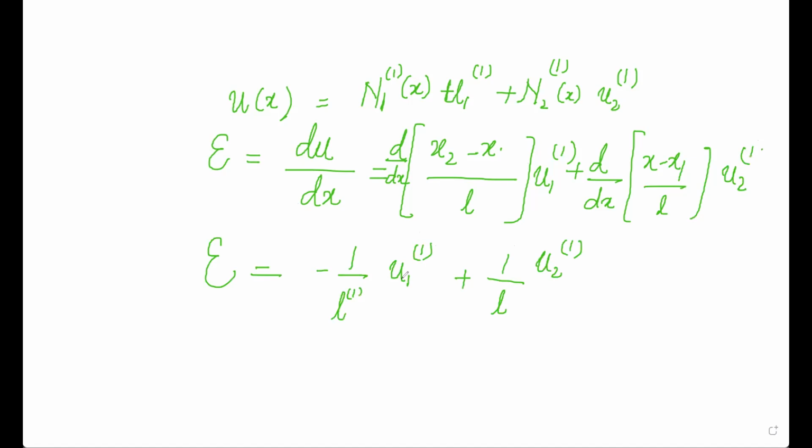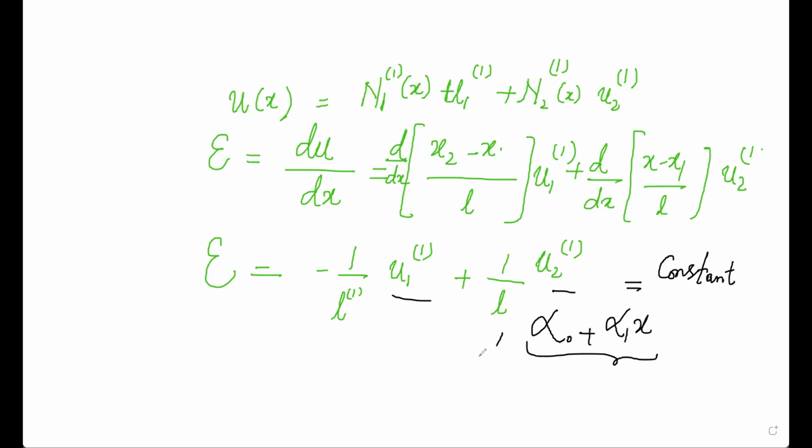Now if you look, u1 is constant, u2 is constant, L is constant, therefore strain is also constant. So as we are using an interpolation formula, alpha naught plus alpha 1 into x, what we are getting is the constant strain.